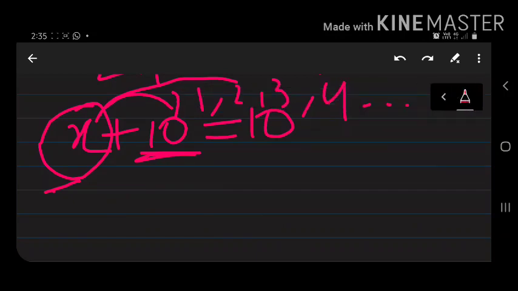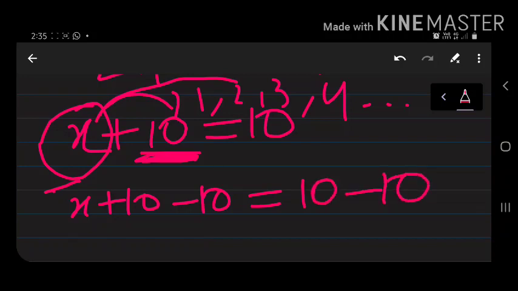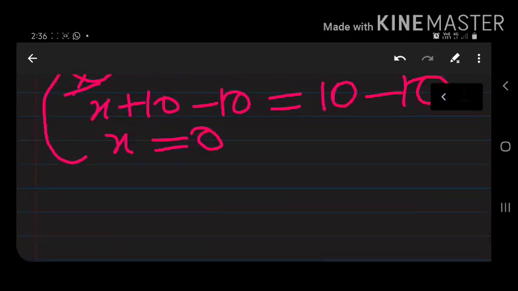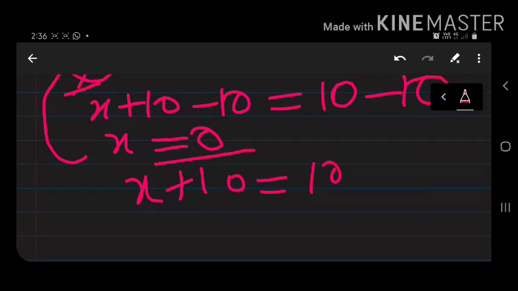Let's eliminate this 10 from the left hand side. We will subtract 10 from both the sides. x plus 10 minus 10 equals 10 minus 10. So we get x equals 0. Let's put the value of x in the previous equation, x plus 10 equals 10.